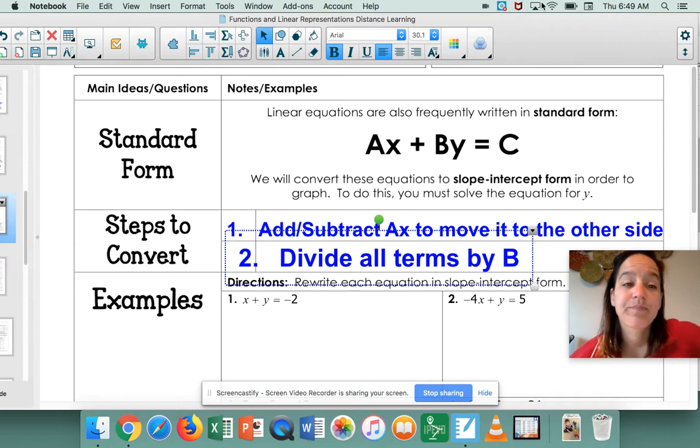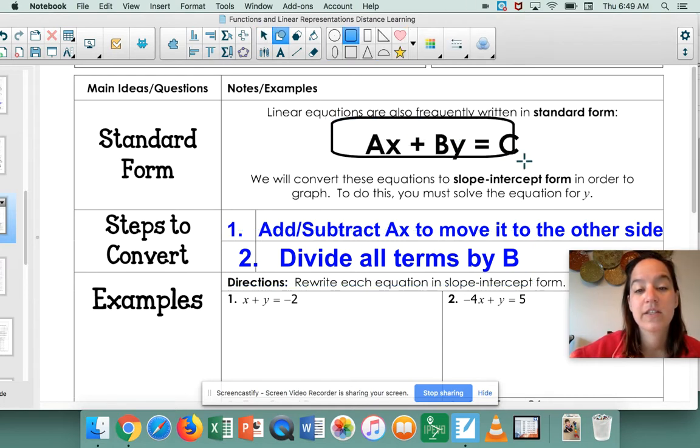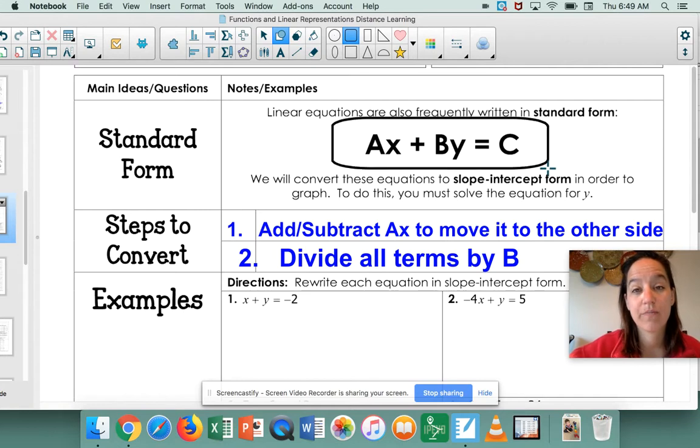So today we're going to talk about slope-intercept form still, but we're going to start talking about what's called standard form. You will see standard form right here. So this is standard form. Ax plus By equals C. I don't know why mathematicians decided to give so many letters to so many different things, but a lot of the things mean the same thing here.